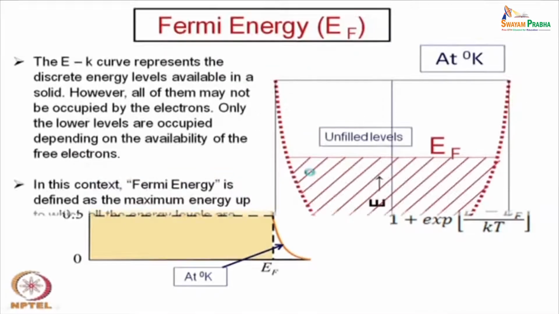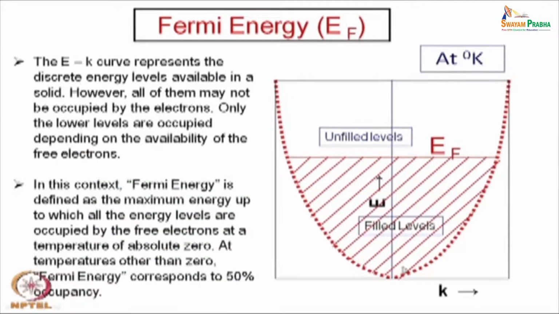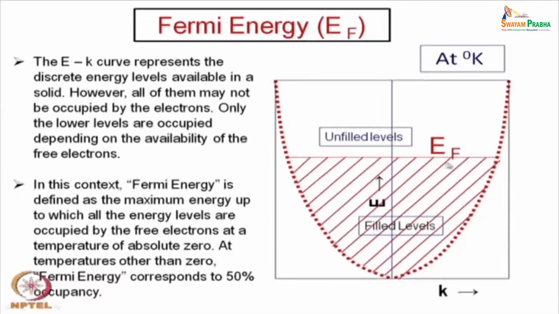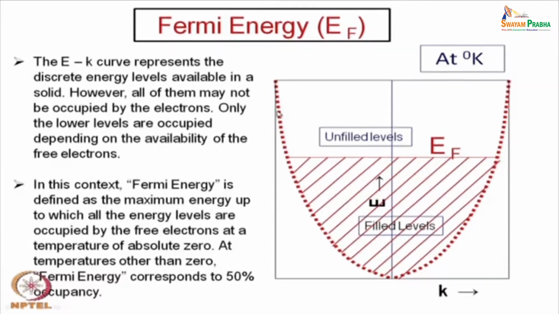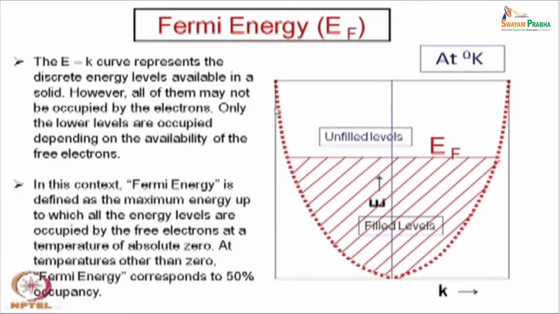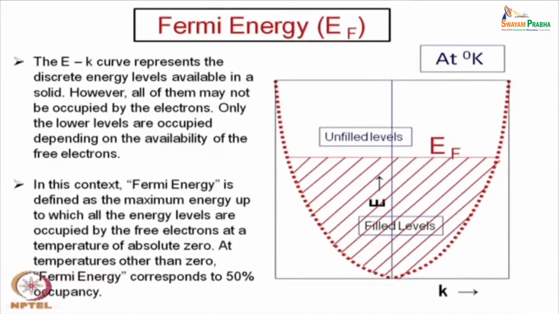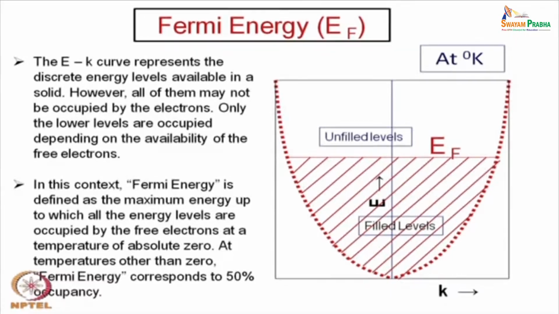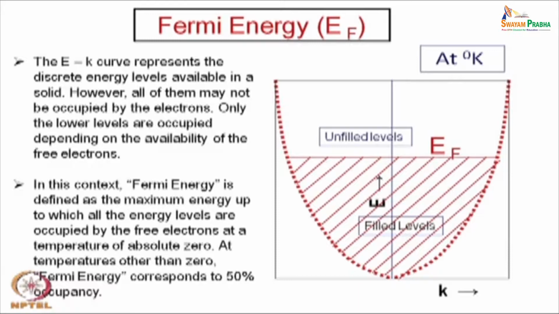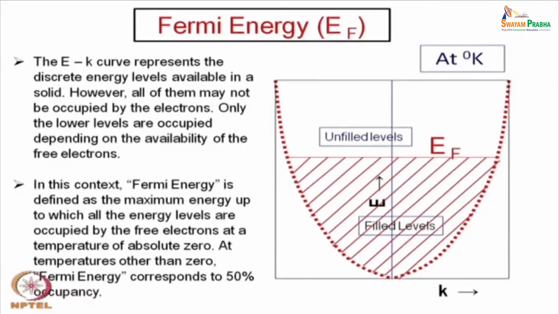Depending on the available electrons, these are fully occupied, and above that there is 0% occupancy, there is absolutely no electron available, although the energy states are there. If the electrons can somehow acquire higher energy from external sources, they can go to a higher level.